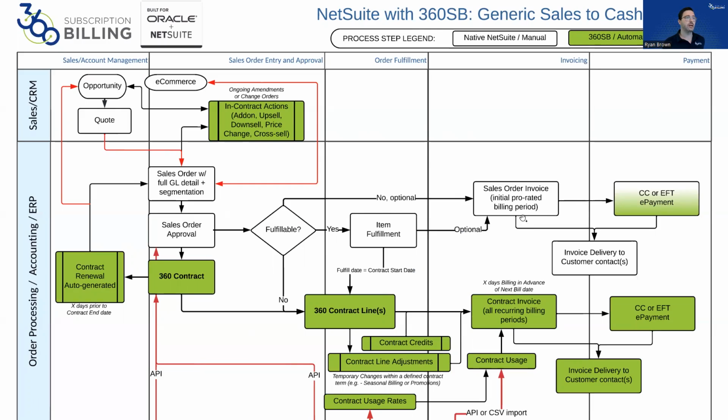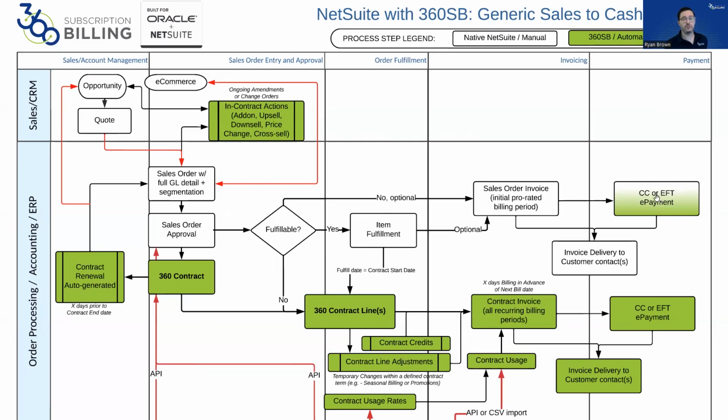So that you can then get your initial invoicing out from that sales order, any, let's say, one-time upfront services that you may be billing for, any initial billing periods, and then you're done with the sales order. You're done with the native NetSuite steps.